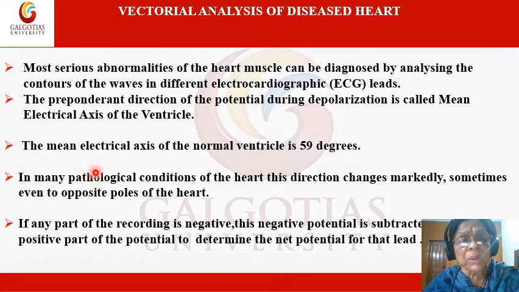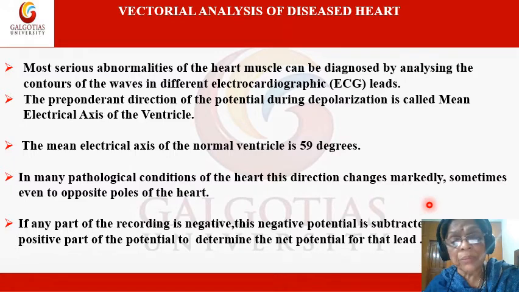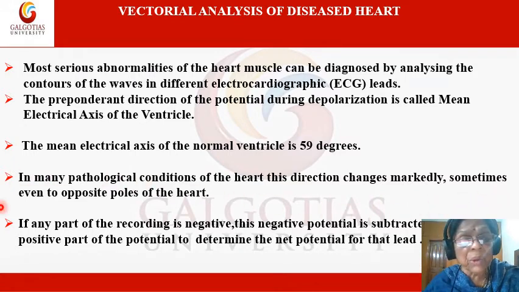The mean electrical axis of the normal ventricle is 59 degrees. In many pathological conditions of the heart, this direction changes markedly, sometimes even to opposite poles of the heart.